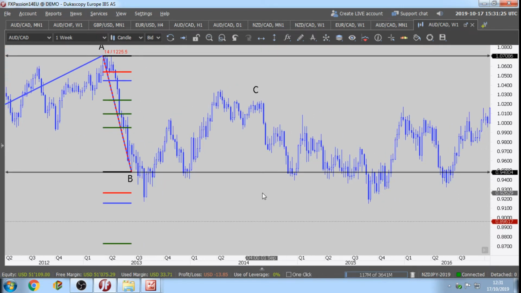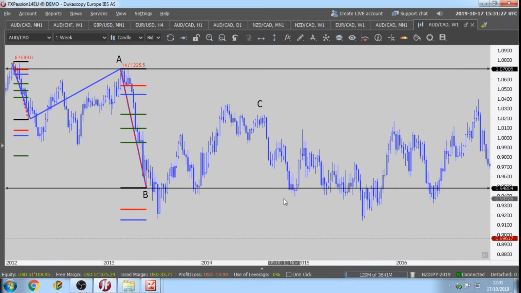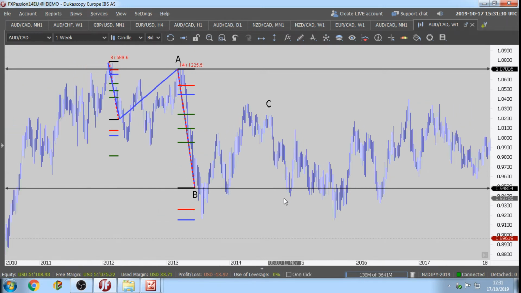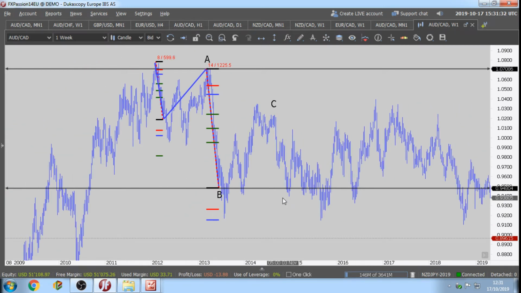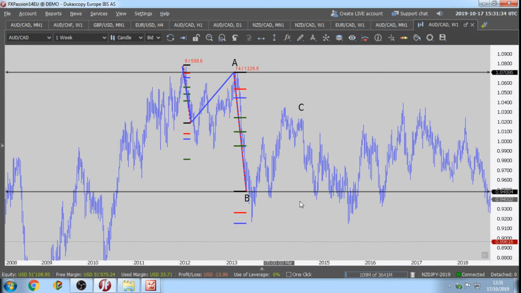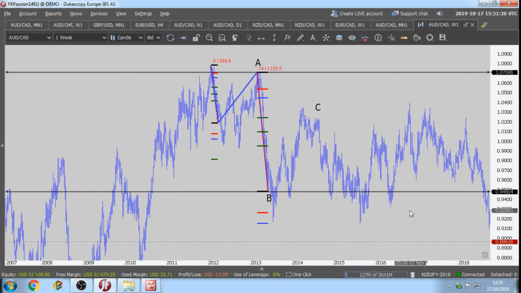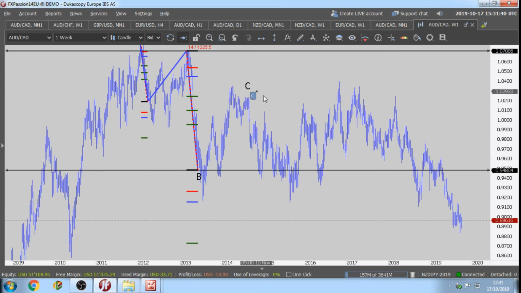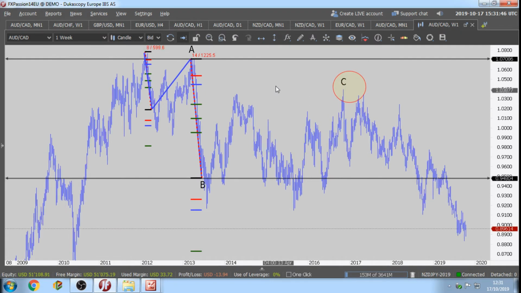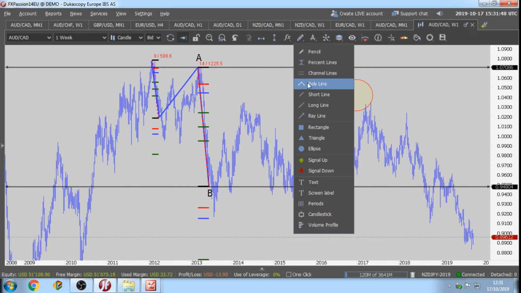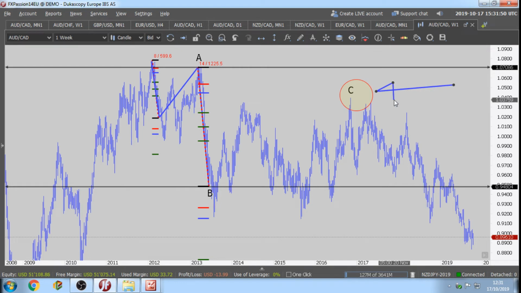A to B. Now, as you can see, everybody, let me see. See what happened on the weekly chart? So, we want to understand if this C up in here is a confirmed C.